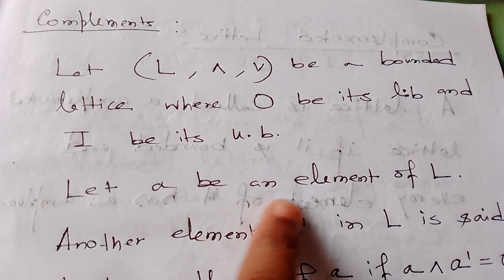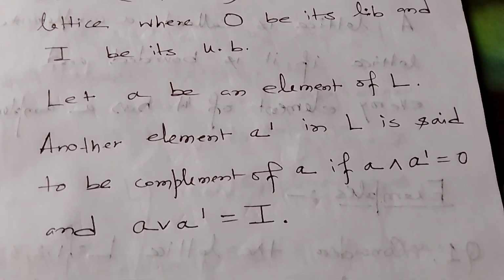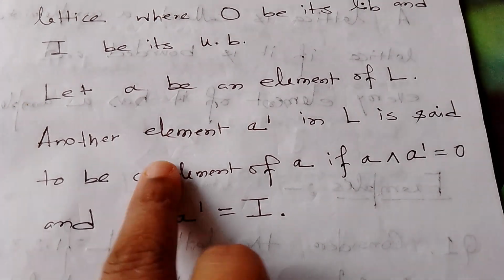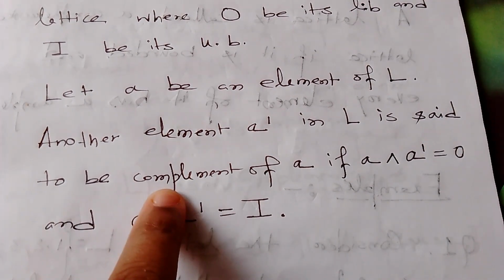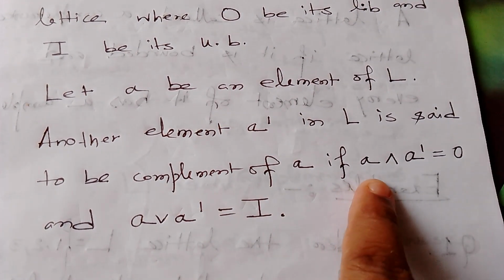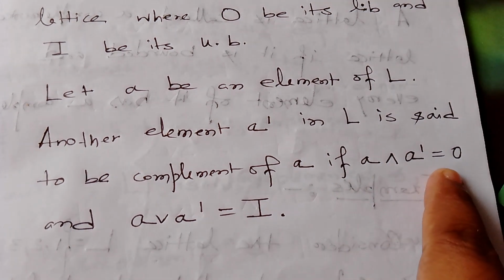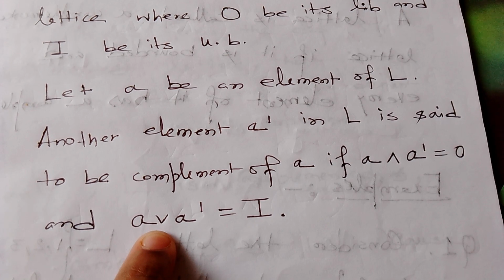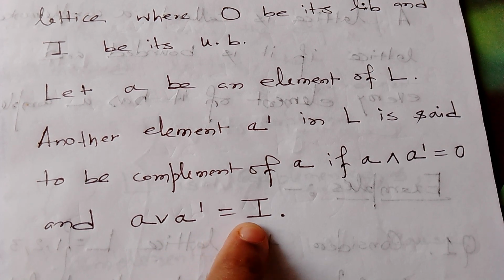Let A be an element of L. Another element, A dash, in L is said to be the complement of A if A conjunction A dash is equal to O, or lower bound, and A disjunction A dash is equal to I, or upper bound.